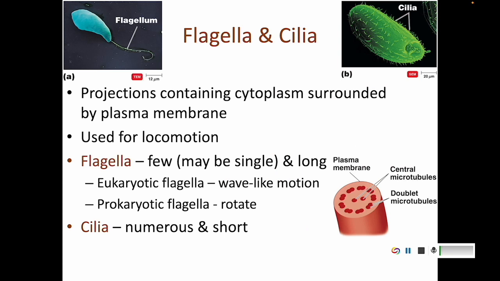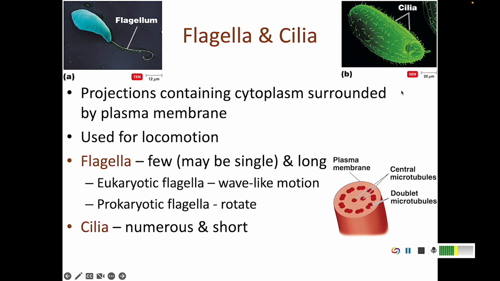The eukaryotic cell is the bigger company, so it has more complexity to it. Eukaryotic cells can have flagella. So here's a flagella in this cell. They can also have cilia. Even human cells, like sperm cells, have flagella. You have cells in your airway that have cilia on them.